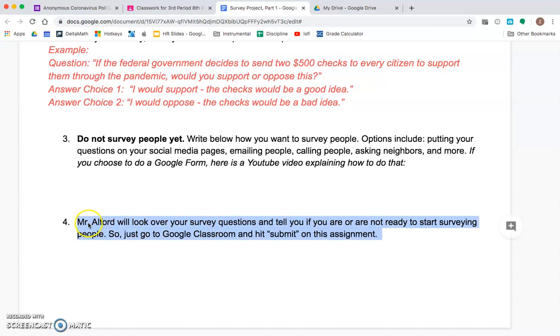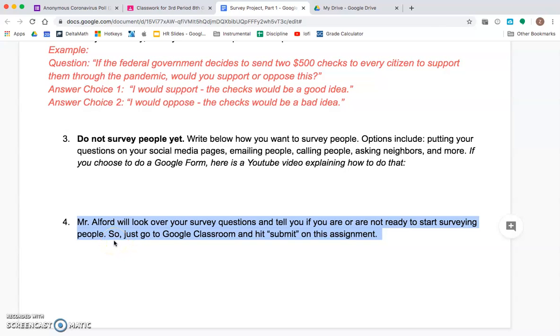That's question 3 of the project. Question 4 is just saying, I will look over your survey questions and tell you if you are or are not ready to start surveying people. Maybe your questions didn't make sense, and so I will just talk with you or write to you and say, let's fix this question because it didn't make sense. Maybe something like that.